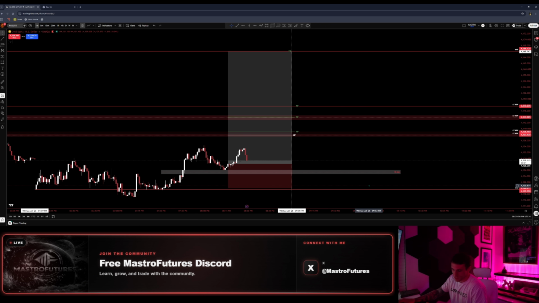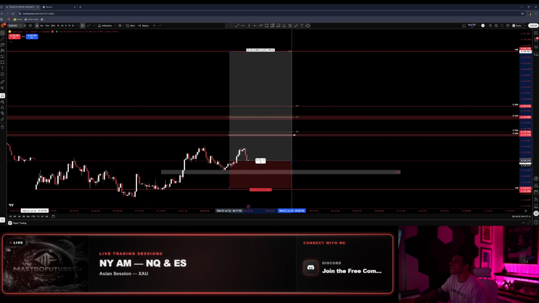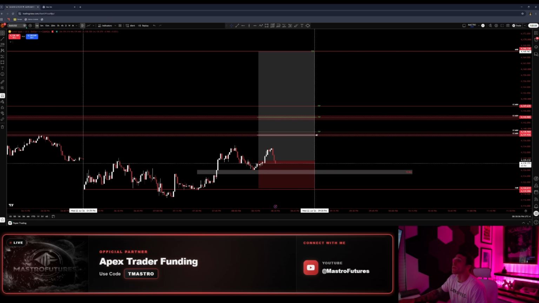My current entry, it's saying where I got filled is 129,370. I think around here. All right, well, we may get stopped out on this trade. We'll see. I don't like how we swept that high like that.